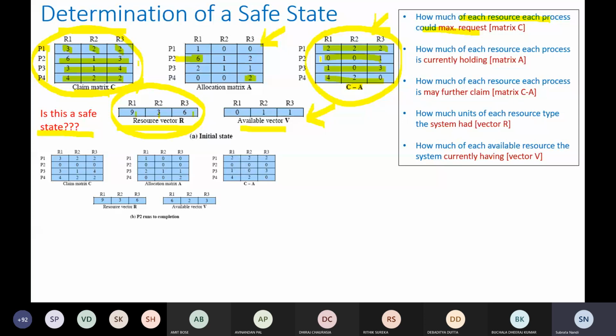That can be guaranteed, right? So if P2's resources are requested, the system will definitely grant.